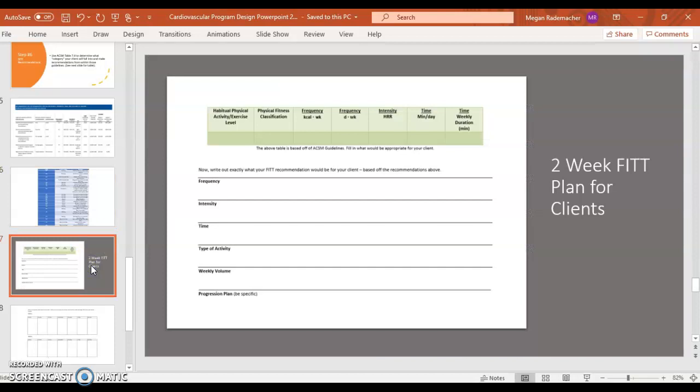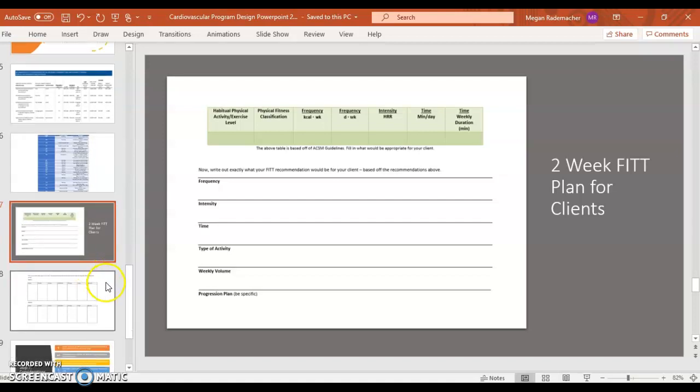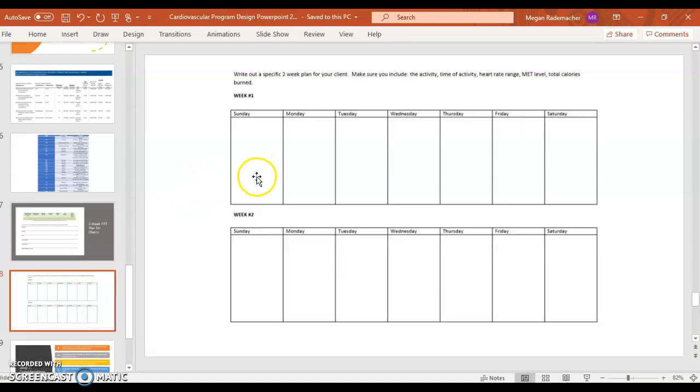We will use a 2-week chart to then determine the specifics for our client and where we are going to put them and how we are going to plan a program for them, how we would progress them from week 1 into week 2. And I am going to do a specific case study with you guys in the next screencast. So you will get a ton of information about how you would fill out this for a specific case study example.